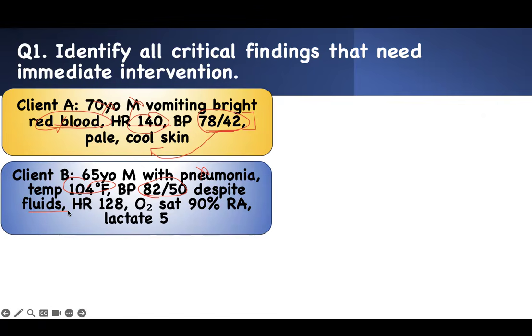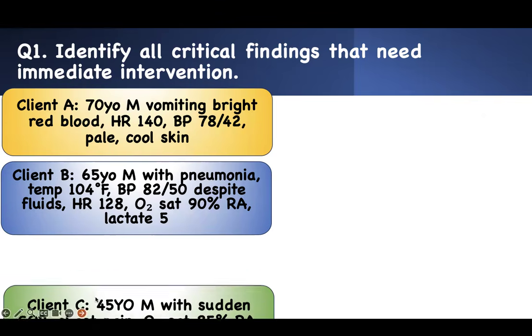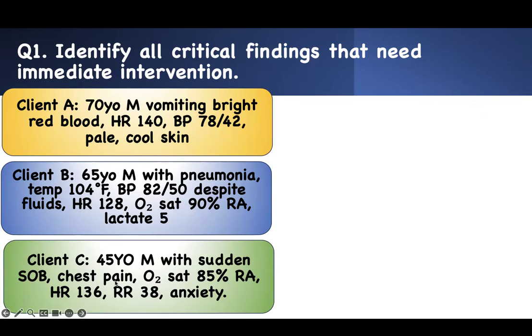That will get you, you die so quickly, because there's nothing we can do if you don't do something. Tachycardia, and the presence of a lactate of 5 means severe acidosis. His saturation is 90 on room air. I think it's okay. He's maintaining on his own, but those that have an underlying problem. Now, client C, what do you think?